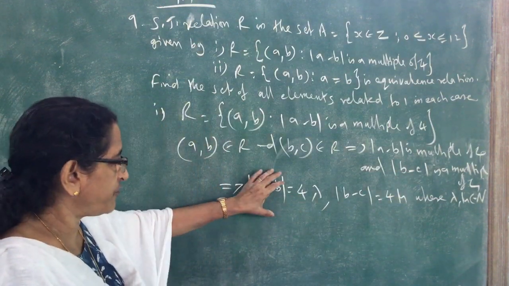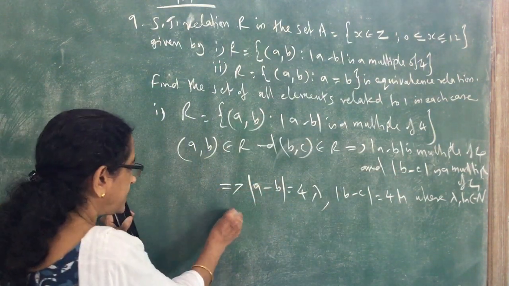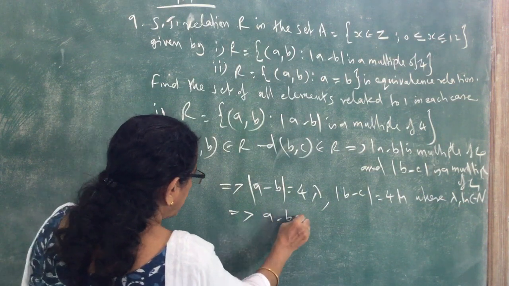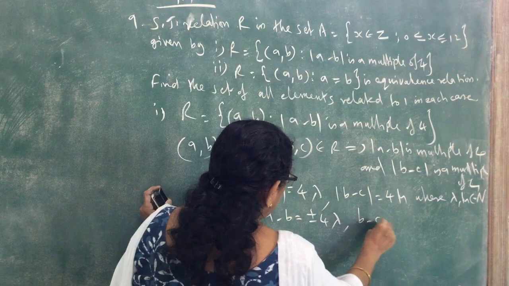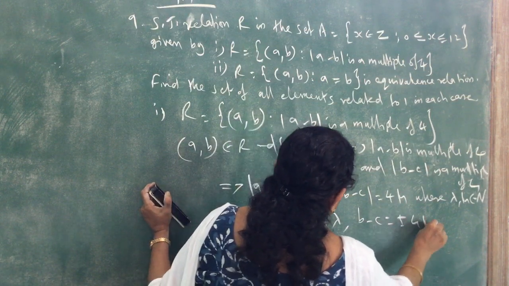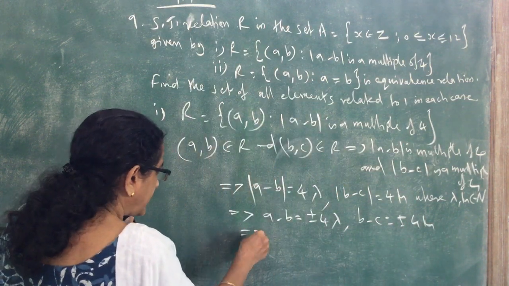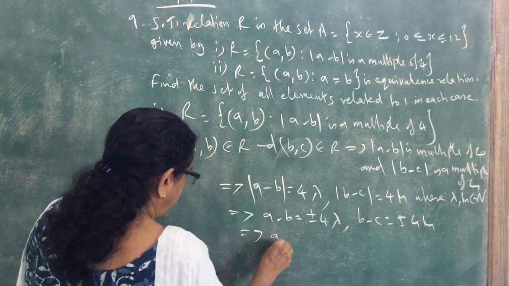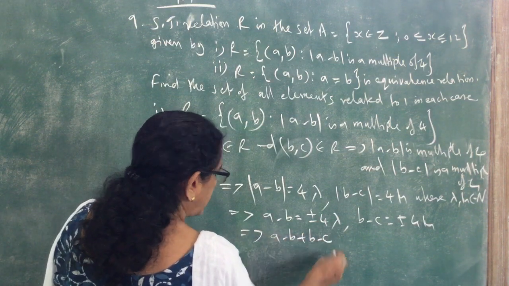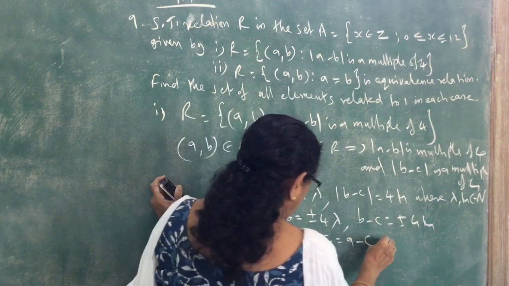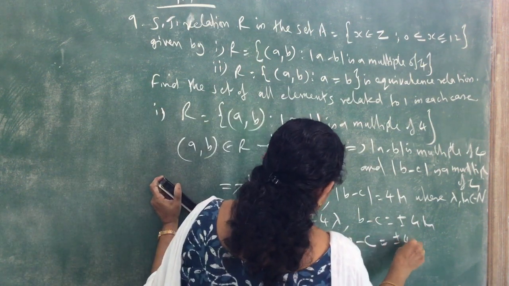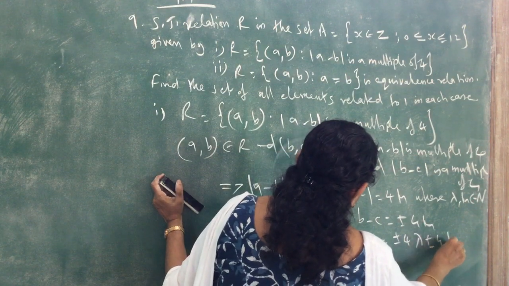Now if we remove the modulus, what can we write? a minus b equals plus or minus 4 lambda and b minus c equals plus or minus 4 mu. We can add both of these: a minus b plus b minus c, that is a minus c, equals plus or minus 4 lambda plus or minus 4 mu.